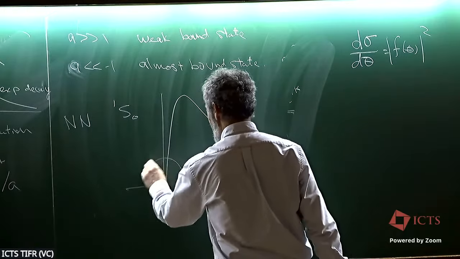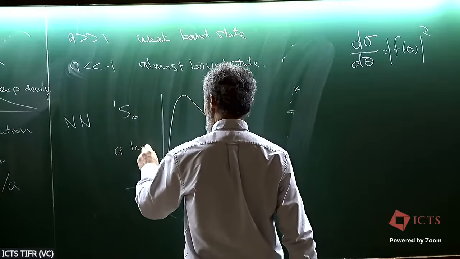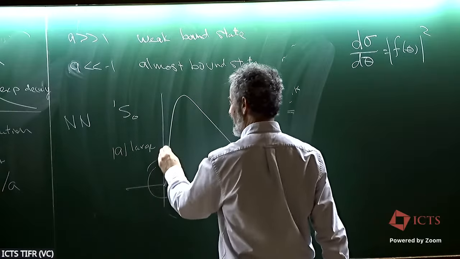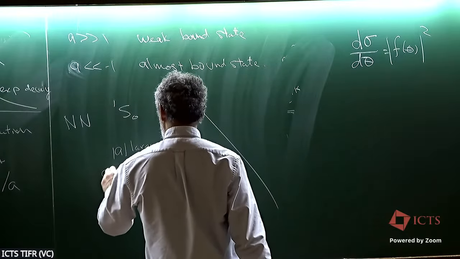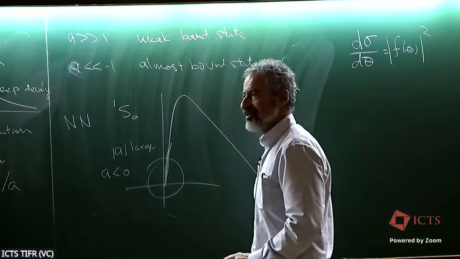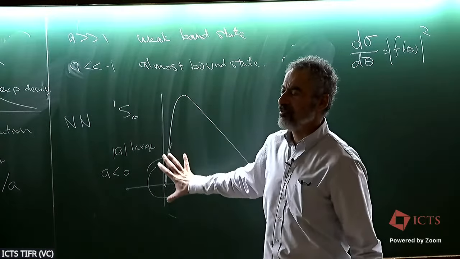And so the behavior here tells you that A is large in magnitude because it's steep, and it is less than 0 because it's going up. So this tells you that in the 1S0 channel, there's almost a bound state.